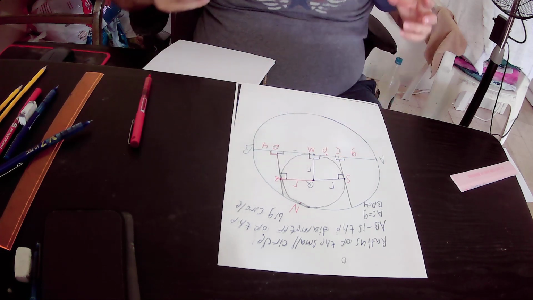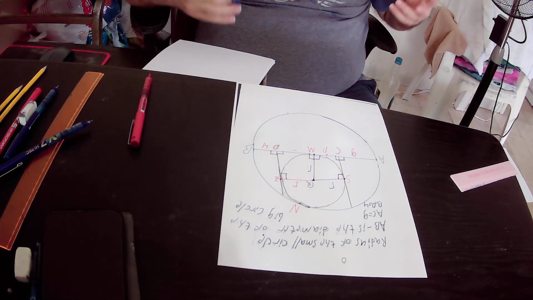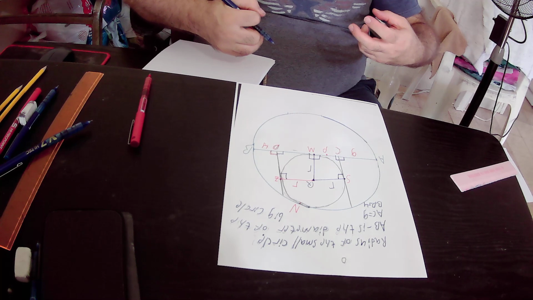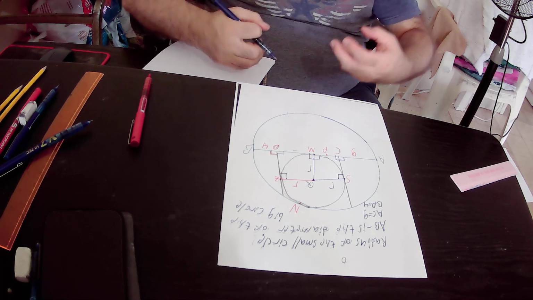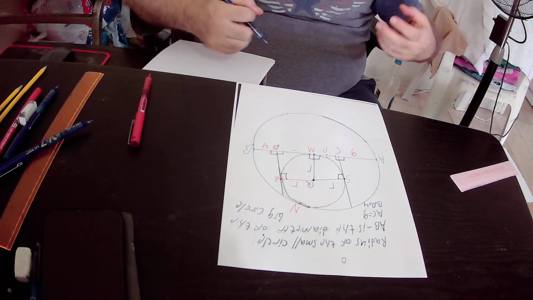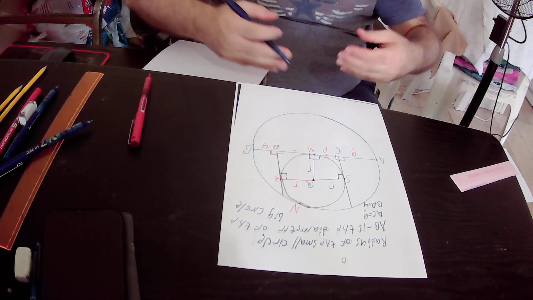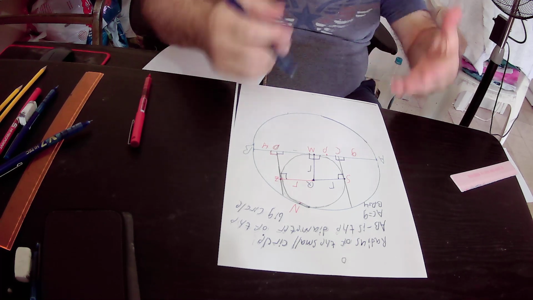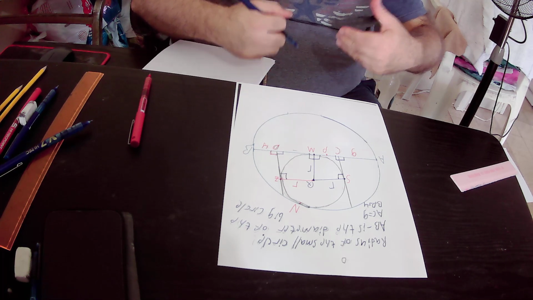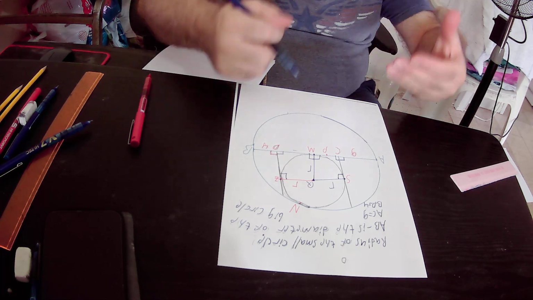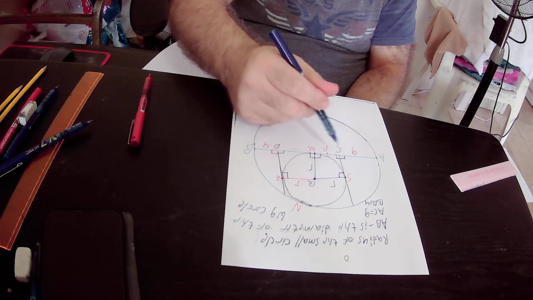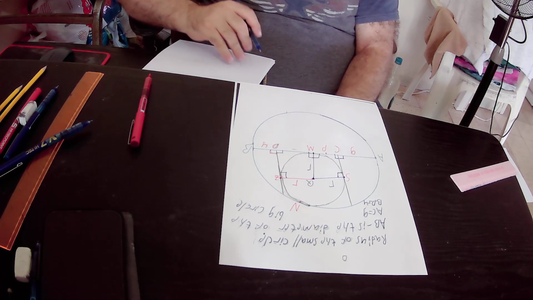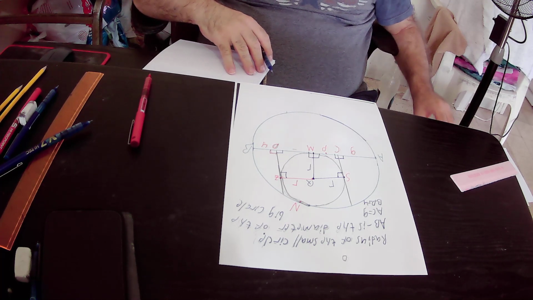Here we have three radiuses drawn to the launch points, therefore they are perpendicular to their tangents. So this is a right angle, this is a right angle, and this is a right angle, according to rule number 1.